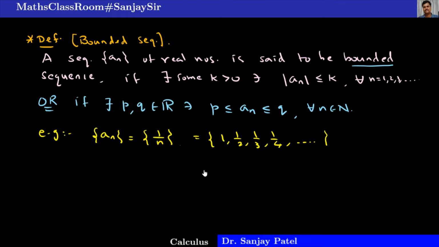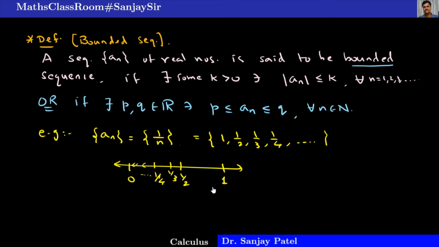You can understand that all the terms are positive and they lie between 0 and 1. So the terms will be like this: 1, 1 by 2, then 1 by 3, then 1 by 4, and so on. The sequence is going near to 0 in this case.